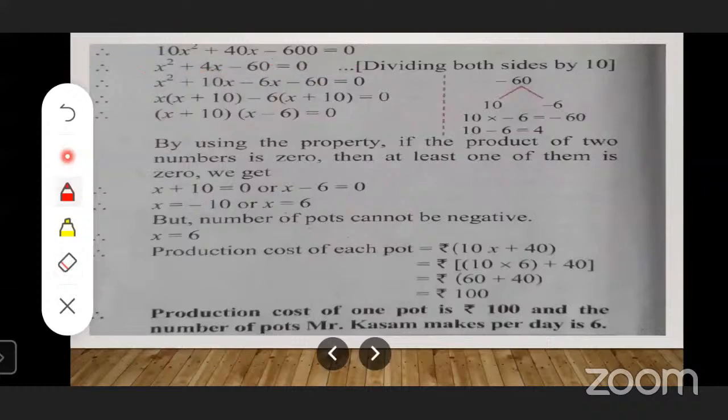Okay, what is the middle term? Plus 4. What is the last term? Minus 60. So find out the factors of the last term in such a way that when you add these factors, you get the middle term, and when you multiply these factors, the product should be the last term.